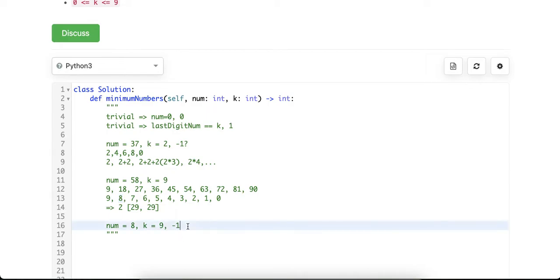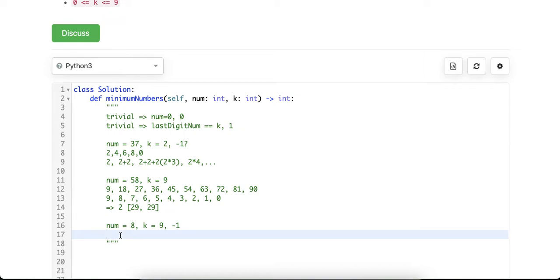So we need to check here that the digit 8 is coming from a multiple of 2, right? It means we need to check 9 times 2, that the num should be greater than 9 times 2. If num is less than 9 times 2, it means it's impossible, because the minimum value that can be generated with the last digit 8 and k equal to 9 is 18.